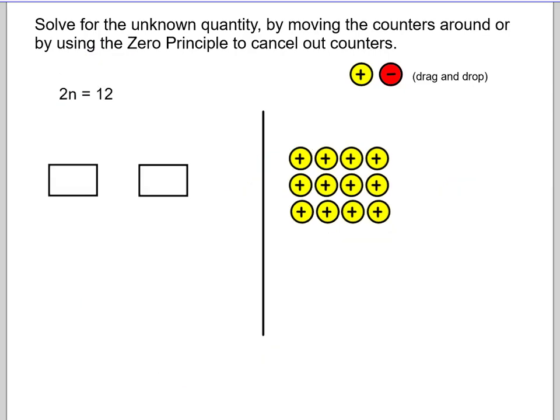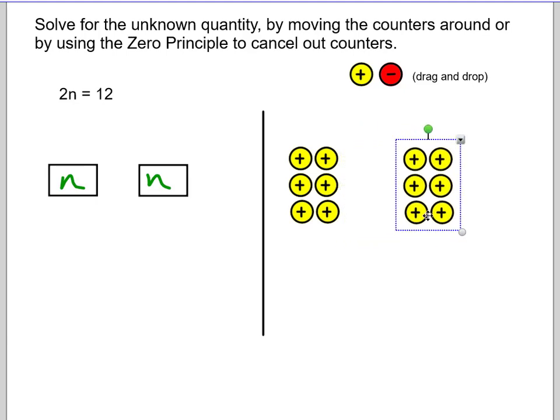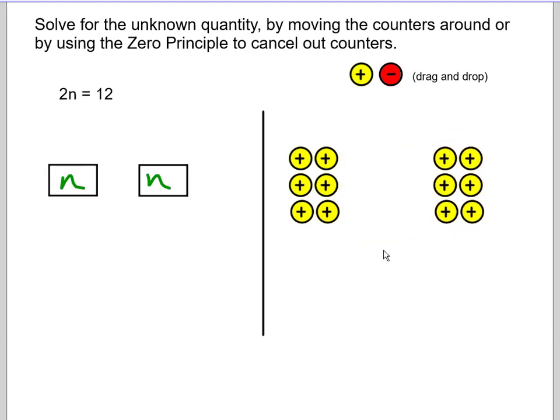Okay, so now we're almost through our operations. 2n equals 12. Well, 2n means I have 2 boxes that I don't know. I have 12 chips over here. This one's a little bit different. I want to break up my group of 12 into 2 separate groups, because these n values both have to be exactly the same, because it's the same unknown.